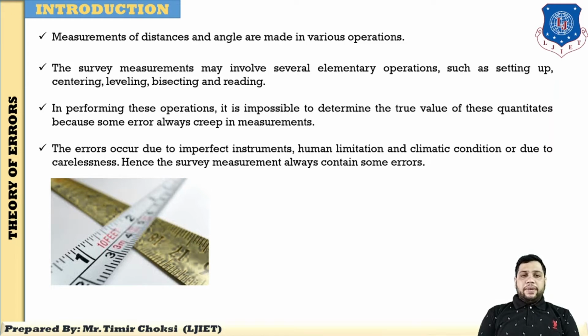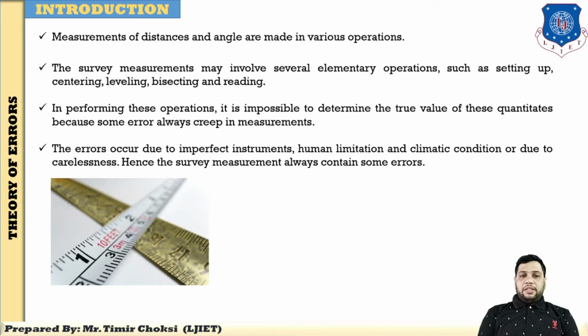Now, measurements of distance and angle are made in various operations using the instrument. The survey measurement may involve several elementary operations such as setting up, centering, leveling, bisecting and reading.